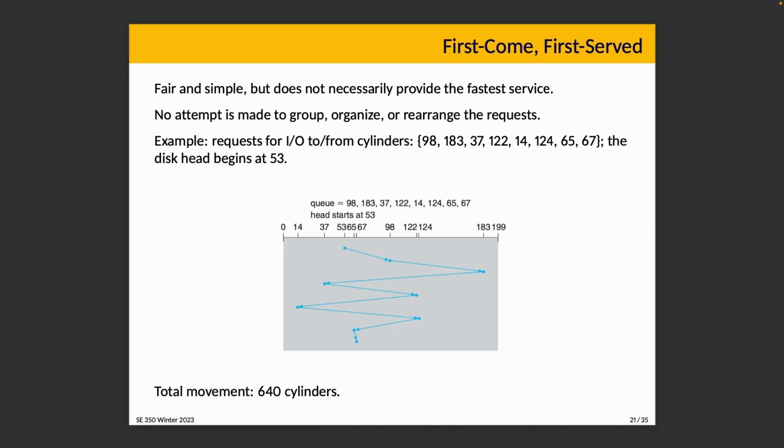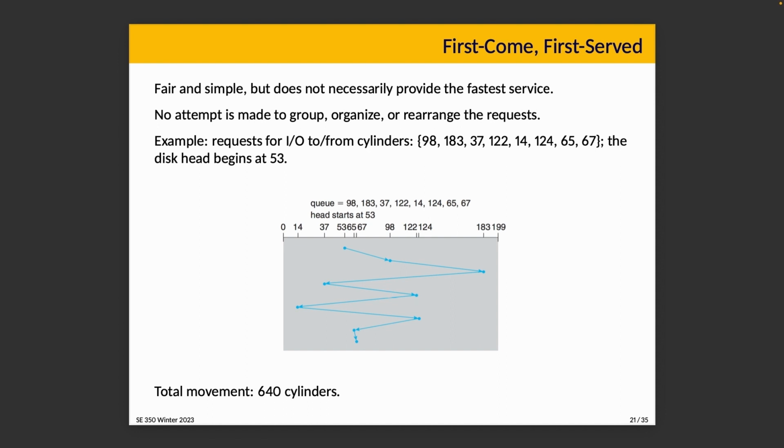So the algorithm that we'll start with is first come, first served. It is fair in the sense that everyone is equal, but it doesn't necessarily provide the fastest service, because no effort is made to minimize extra work done. If you remember from the previous topic where I mentioned the idea that if the groceries and dry cleaning are in the same plaza, it doesn't make sense to go to the bank in between, because while you're in one place, you should do all the things you need to do there.